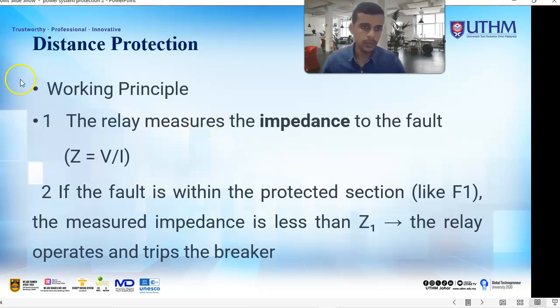One, the relay measures the impedance to the fault, which is Z equal to V divided by I. Two, if the fault is within the protected section, such as F1, the measured impedance will be less than Z1, so the relay operates and trips the breaker.